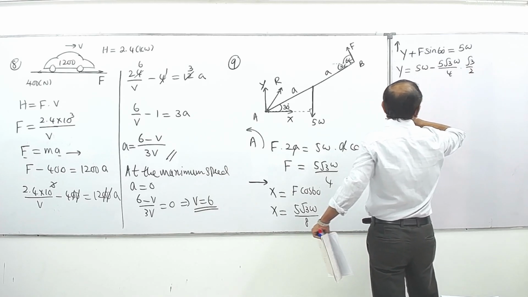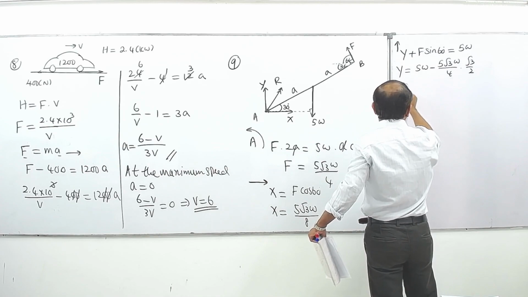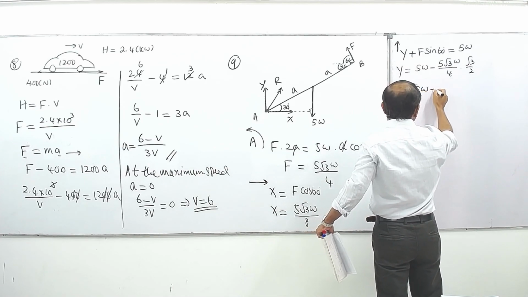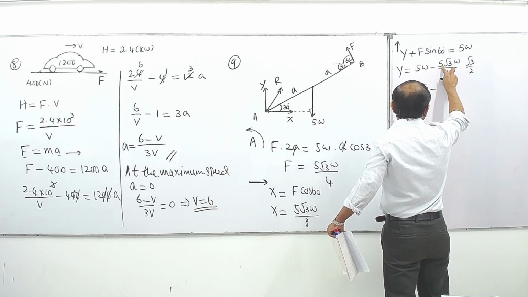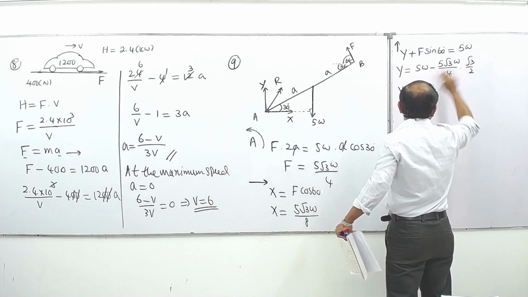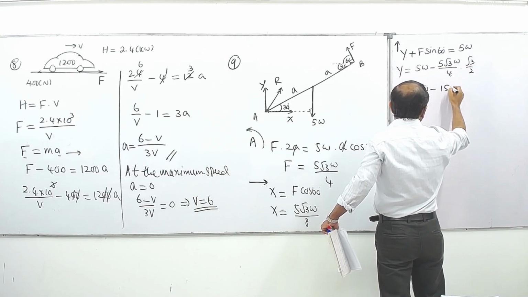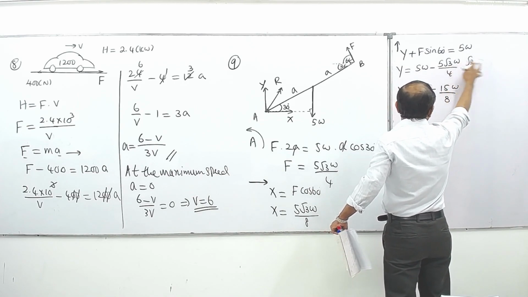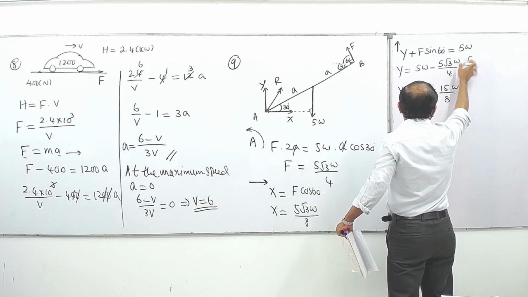Okay, sin 60 root 3 by 2. Y equals 5W minus 5 root 3 times root 3 W, there we get 15W over 8. Correct, no? Root 3 times root 3 is 3, 5 into 3, 15W by 8.